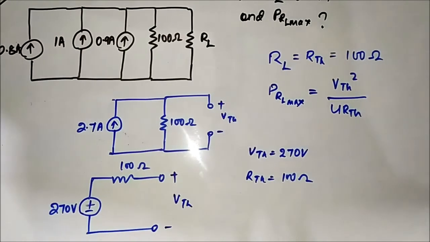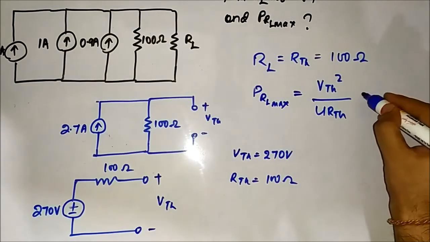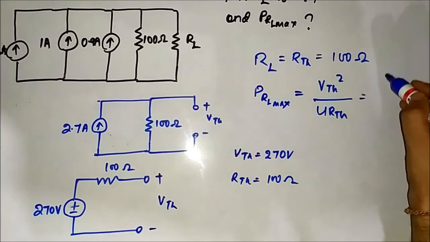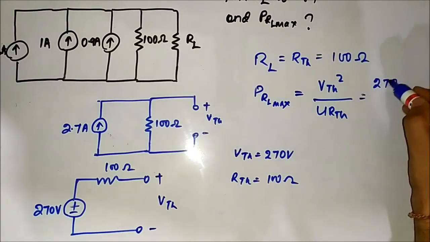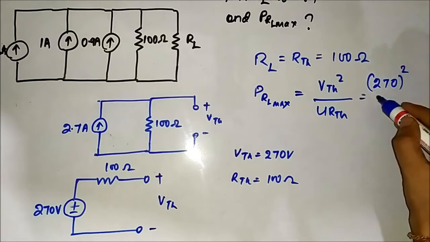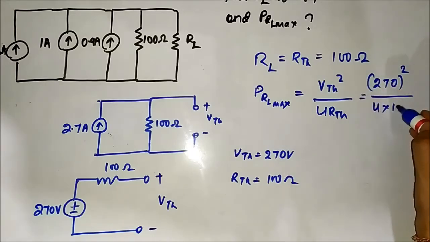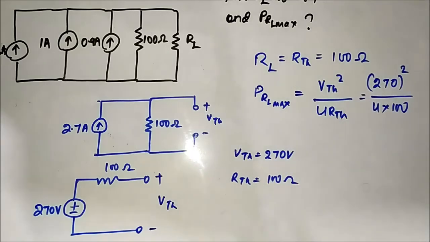So if we calculate that, VTH square is 270 square by 4 RTH. RTH is 100, 4 into 100. So let us calculate that. So it is 270 square by 400.